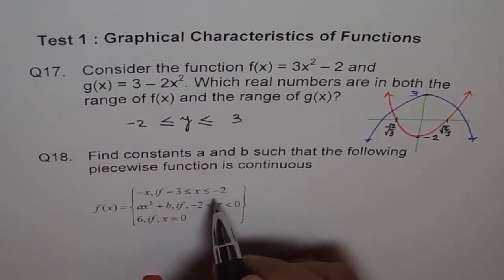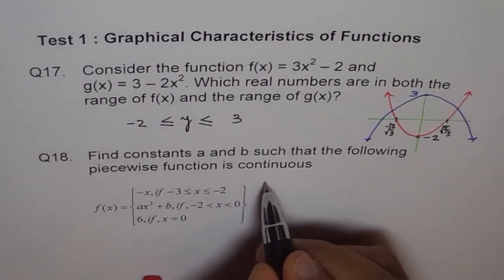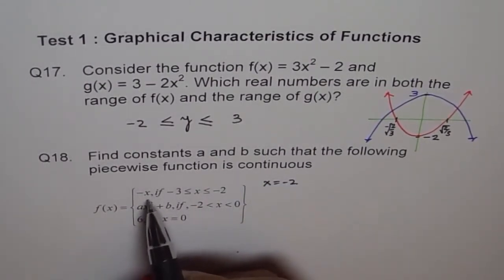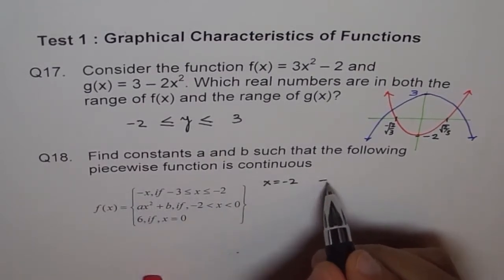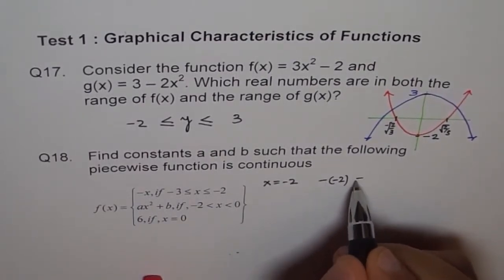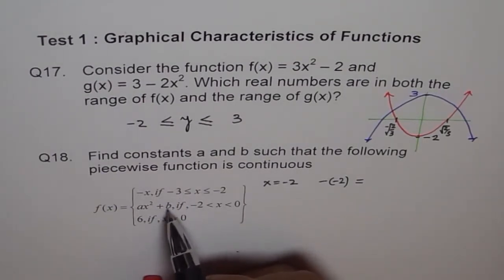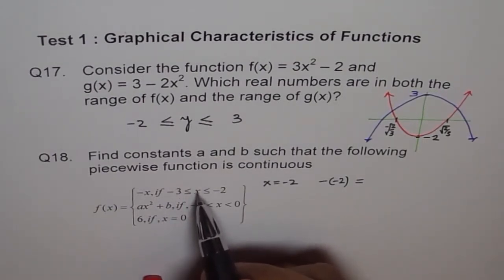So let's consider x equals minus 2. If I put x equals minus 2, then in the first piece my value will be minus of minus 2, correct? And at minus 2, these two points should overlap, right? There will be a hole here, but filled up with this function, correct?